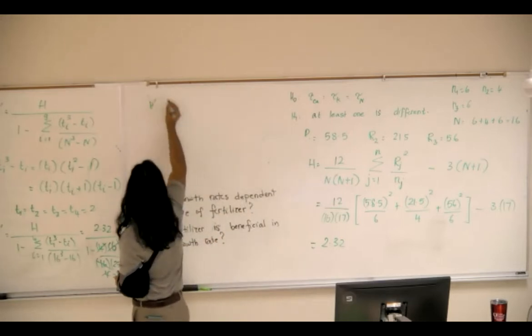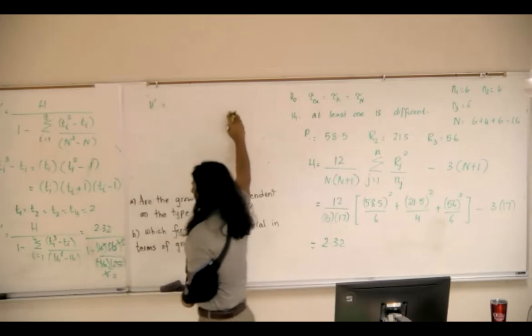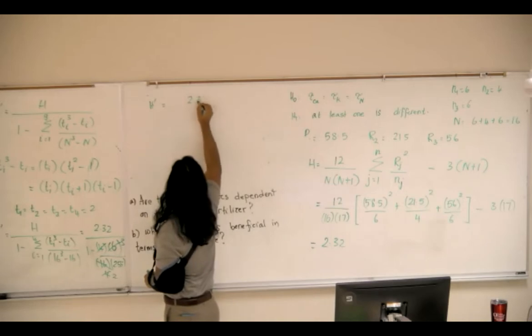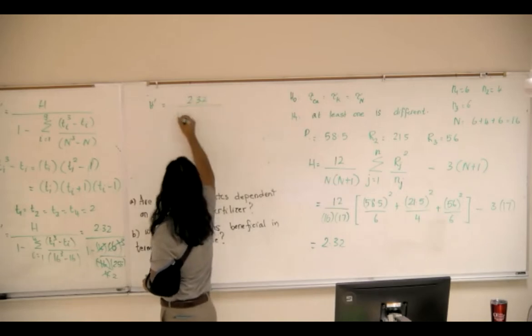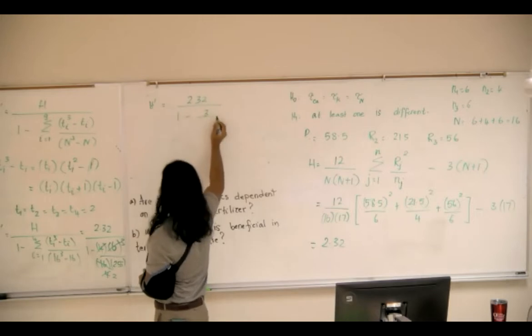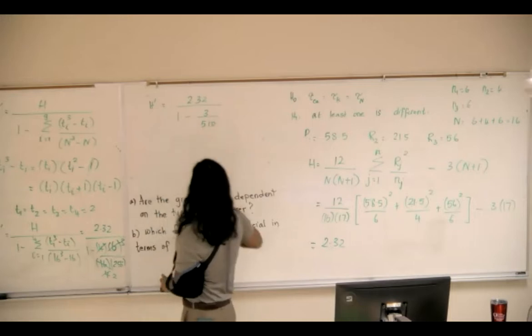So h prime is equal to 2.32 over 1 minus 3 over 510.